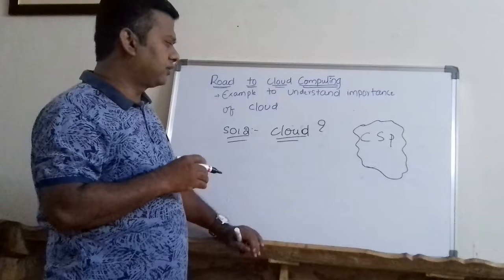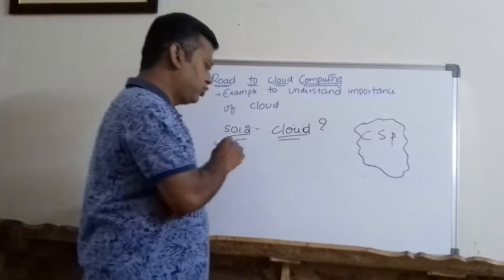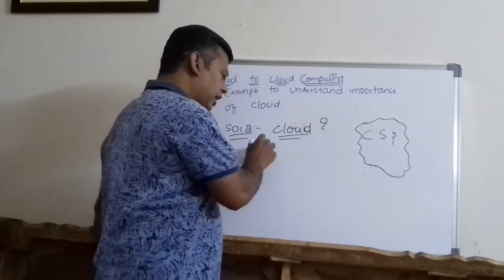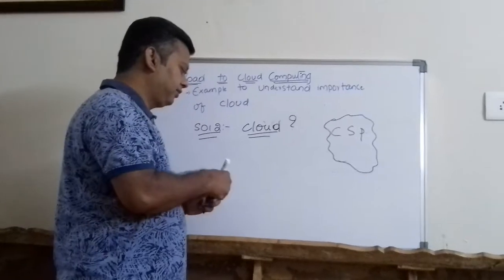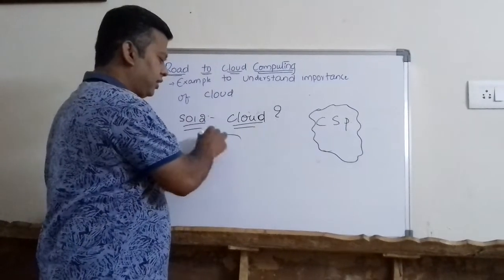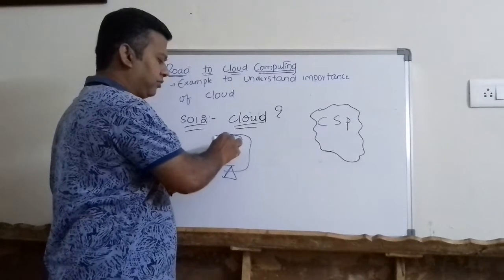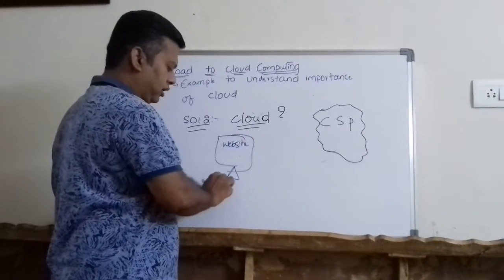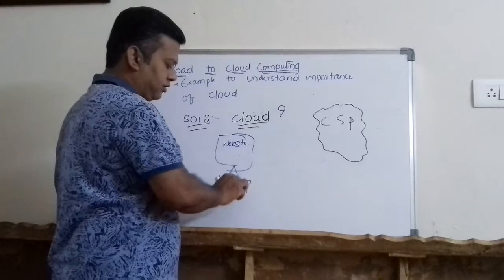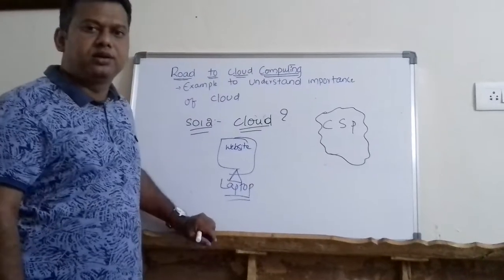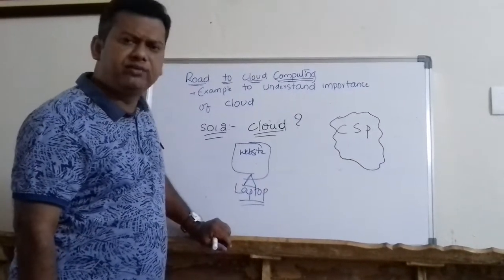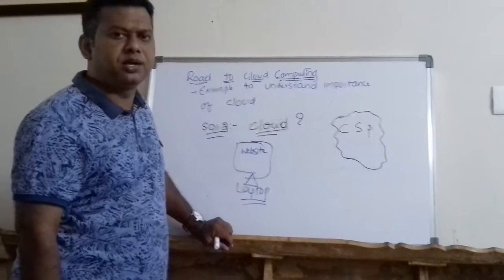So please observe this. What happens in a cloud solution is, I will run my application. See, I will run my website from my laptop only. My website is deployed in the laptop only, right? Because every day I get 50 to 100 hits only, my laptop can handle.